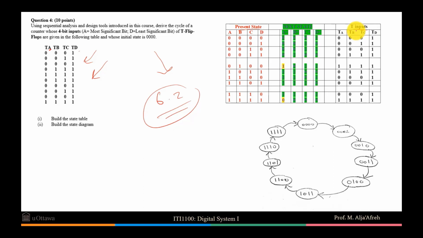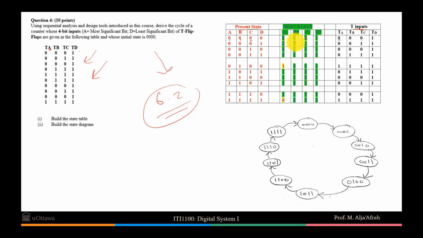So if you have 0, and T of A is equal to 0, what will be the next state? The next state should stay the same. If you have 0 here and 0 here, the next state should be 0, because T is equal to 0, no change. And if you have 0 at the present state and TC is equal to 0, no change.